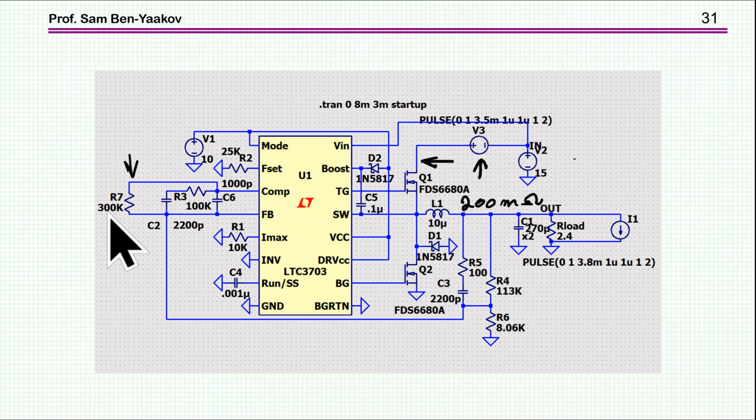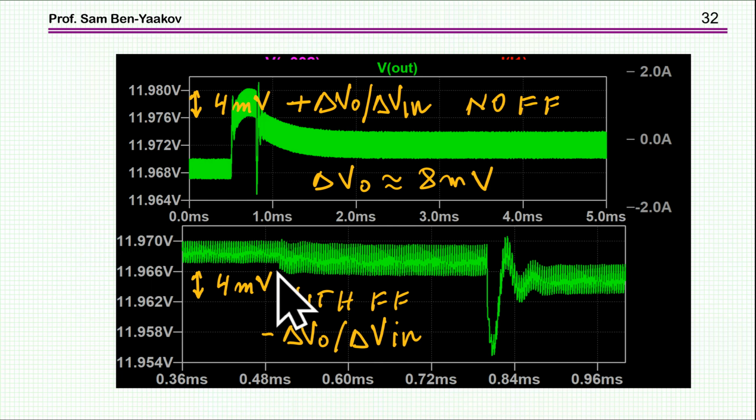And this is again the 300 kilo ohm with the lower loop gain. Notice that there is an overcompensation, in that the output voltage actually goes down a little bit with the feedforward. Without the feedforward, the voltage goes up as expected. That is, if the input goes up, the output should also go up.